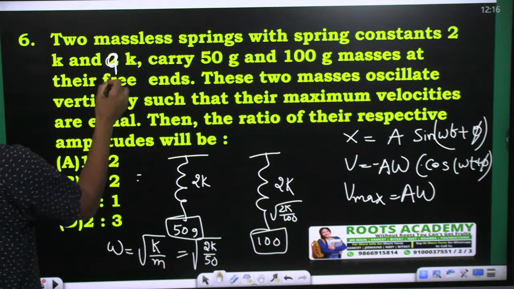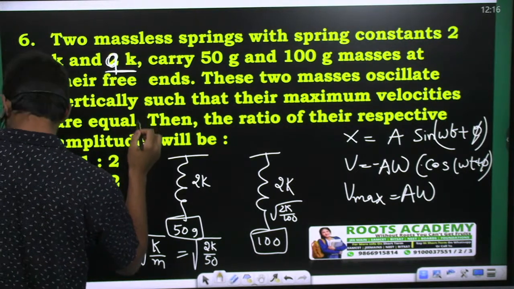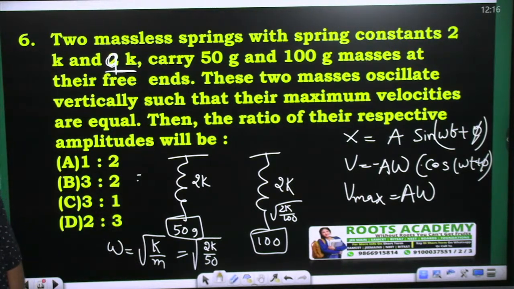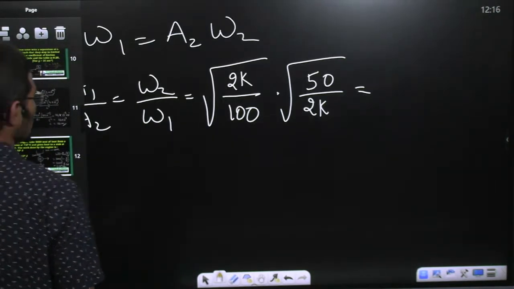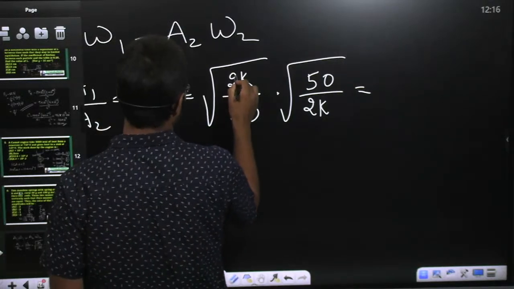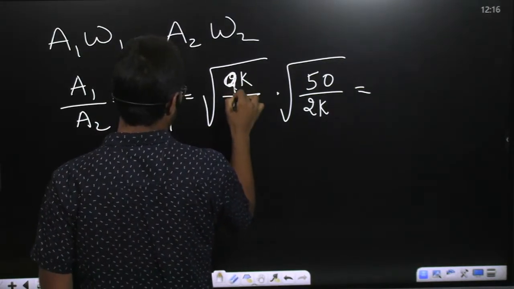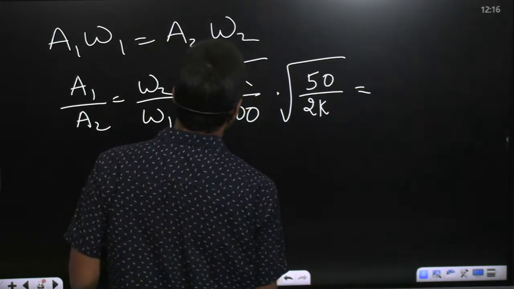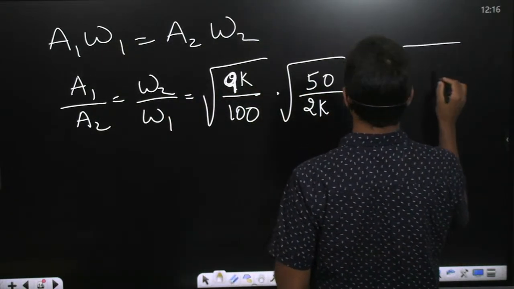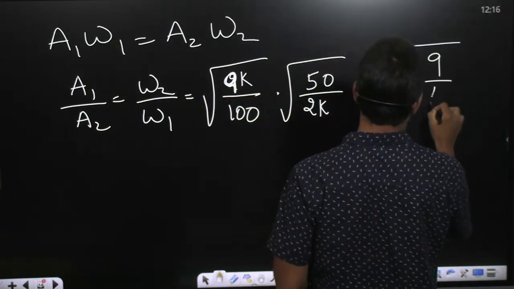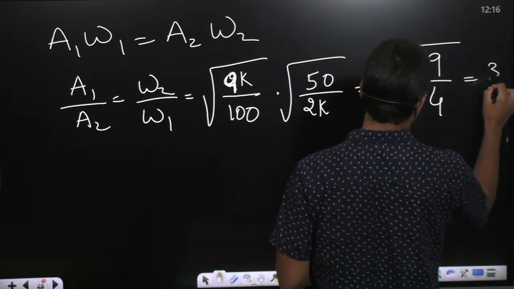So this is 9, not 2. One is 2K, the other is 9K. So we get 9 by 4, I think, but 3 by 2.